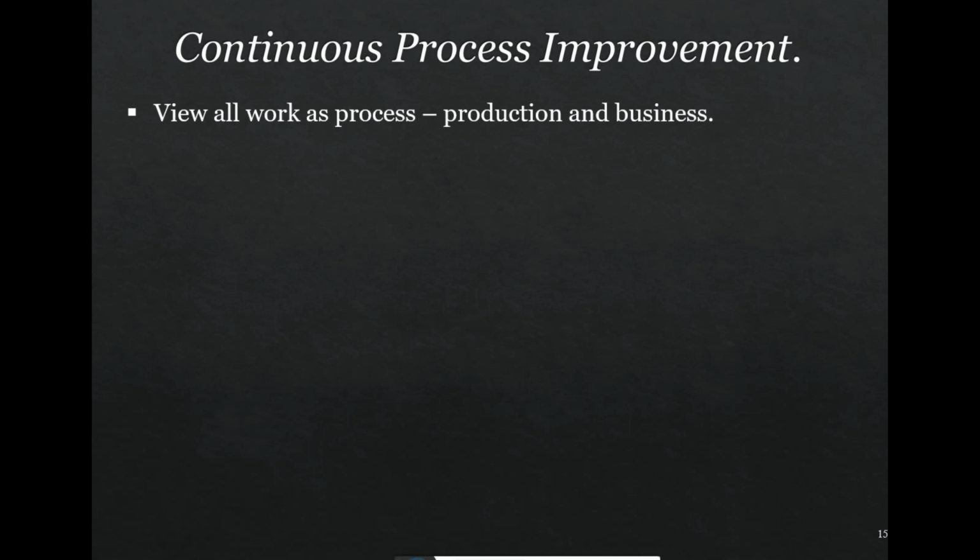That may be in the production area, that may be in the business area. In the business area, for example, in the procurement department, if the supplier is invoiced for the payment, you must consider that as a process, not a work, not an activity, but a process.